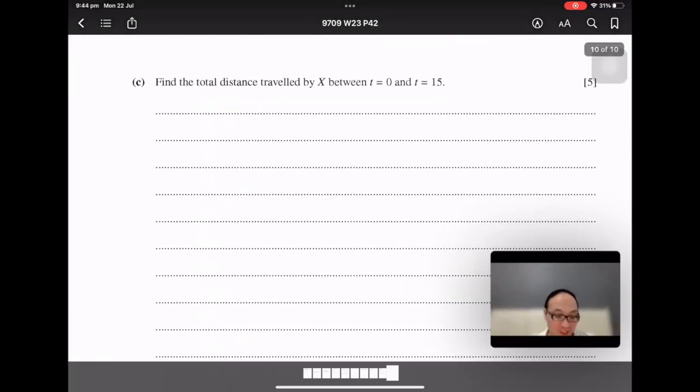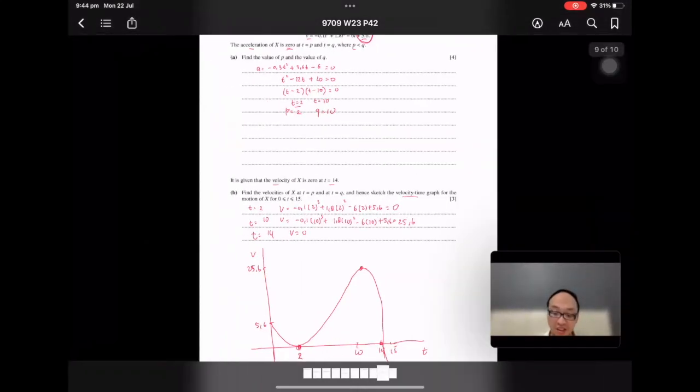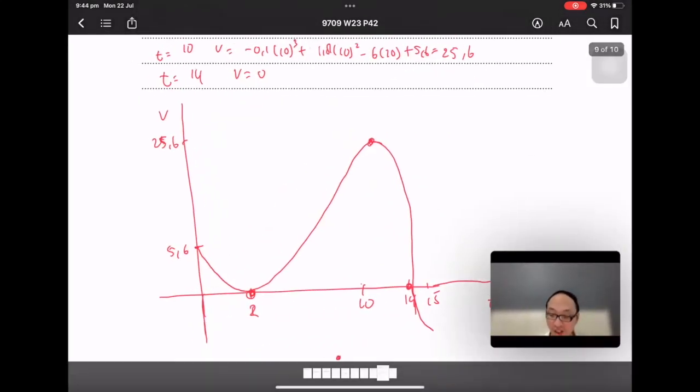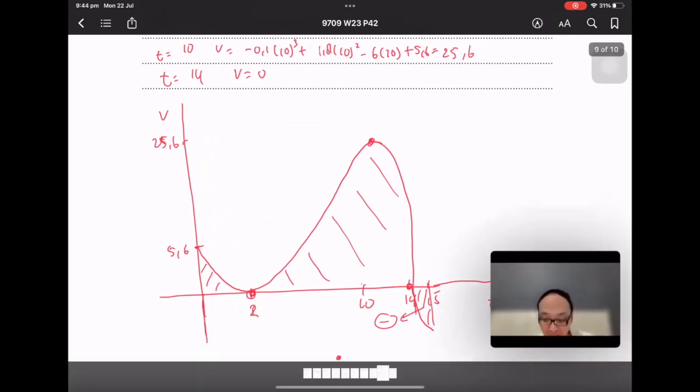And find the total distance traveled by x between 0 and 15. According to the sketch that we have, the distance traveled will be the total area under the graph. And we see that in this case, it will be negative, so we have to ignore the negative here.